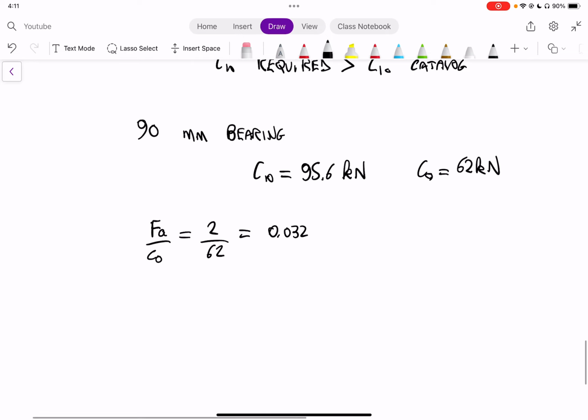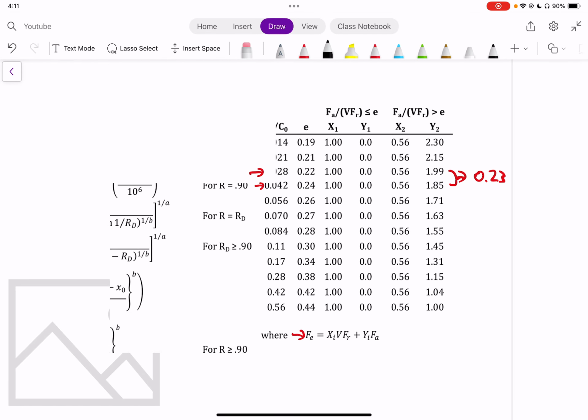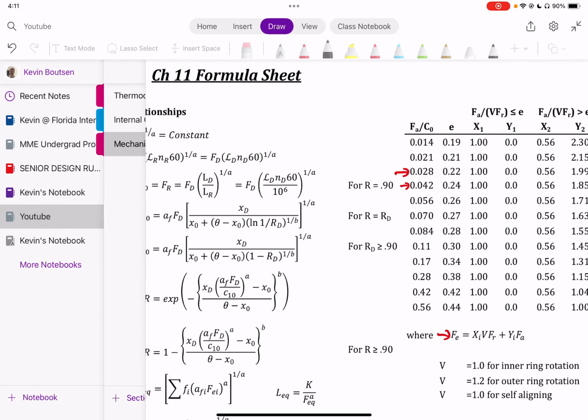Then based on that value of 0.032, and I'm going to go a little bit faster through this, and I'll let you do this in your own time if you want to. If you have 0.032, you'll find that you have the same criteria with E, so you still have to use X2 and Y2.